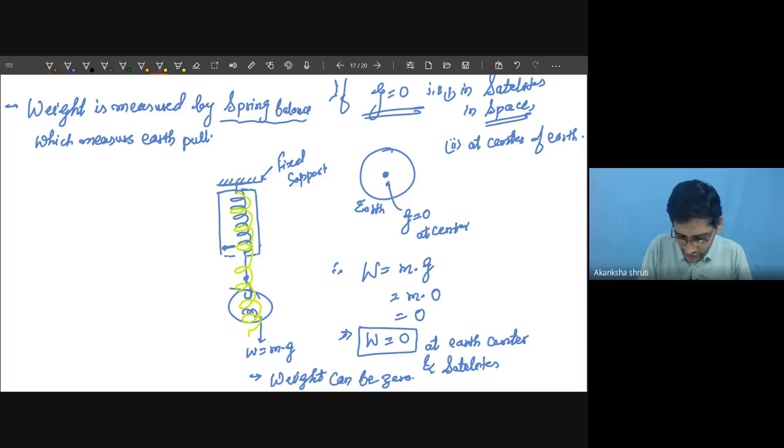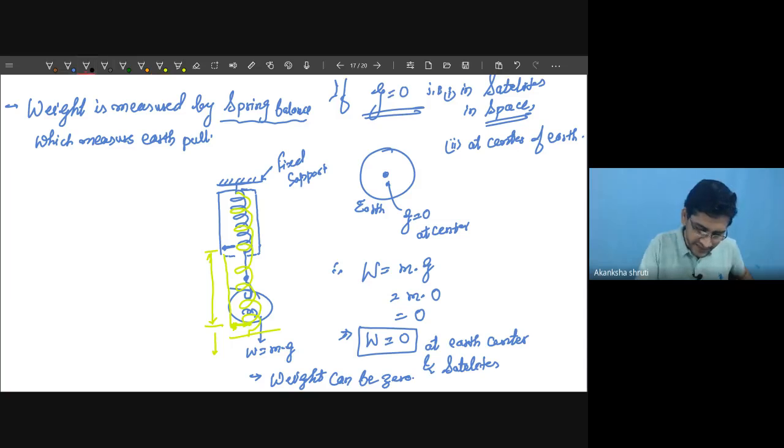So this could be the new situation. This pointer will now come at this point. This was the earlier position of the pointer, and now it has reached the new position. So how much is the stretching? This much. If more mass is there, the stretching will be further down, and the pointer will move further down.